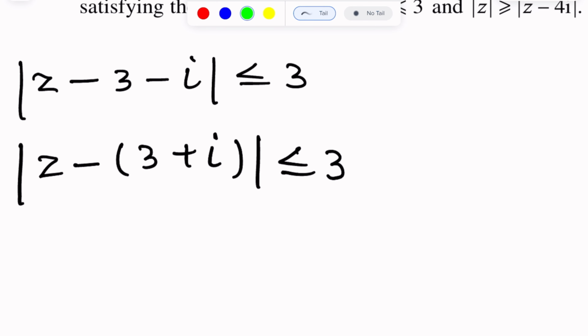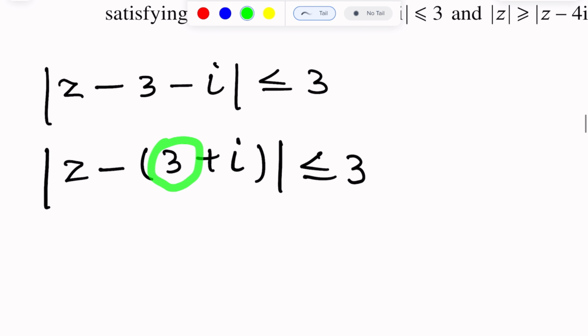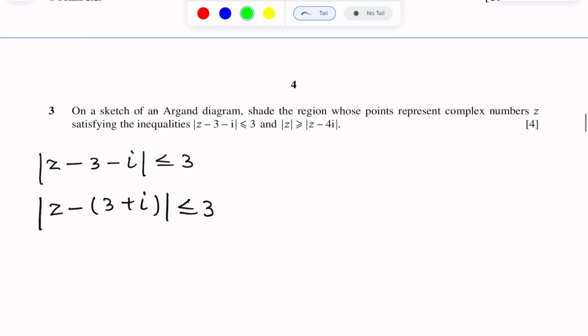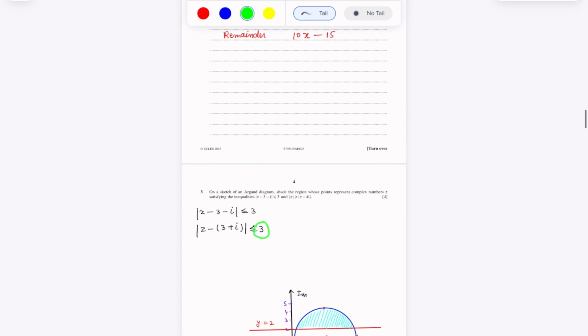From here, this complex number 3 + i shows the center of the circle. These are the coordinates of the center of the circle, (3, 1). (3, 1) is the center of the circle and radius is 3.